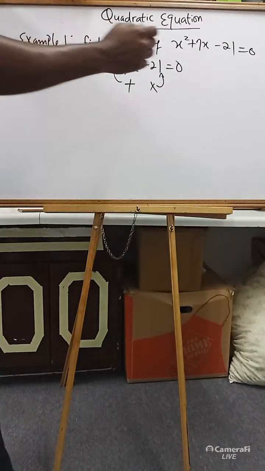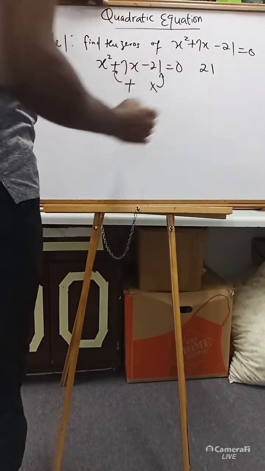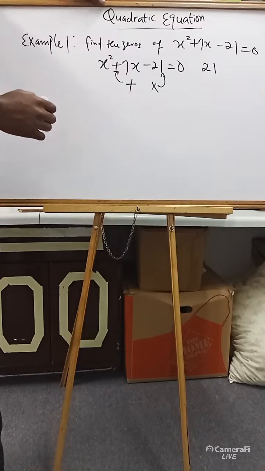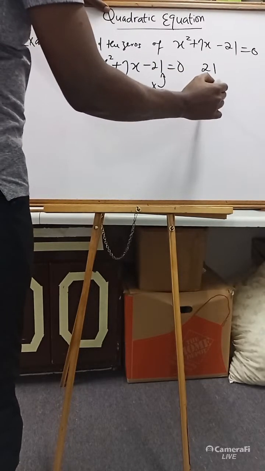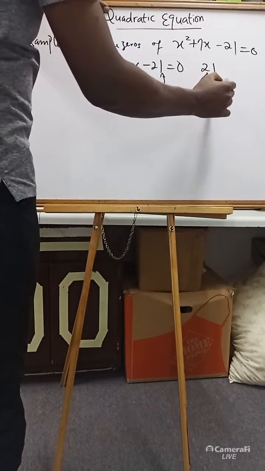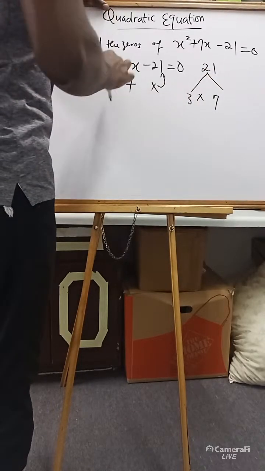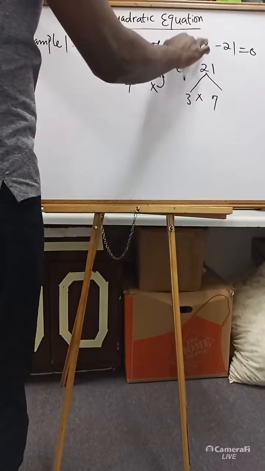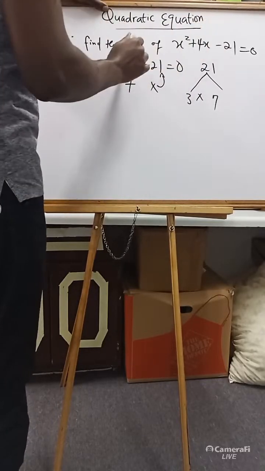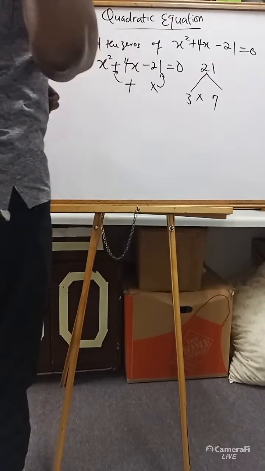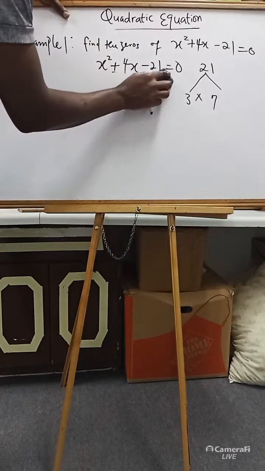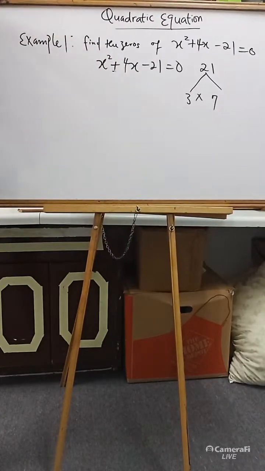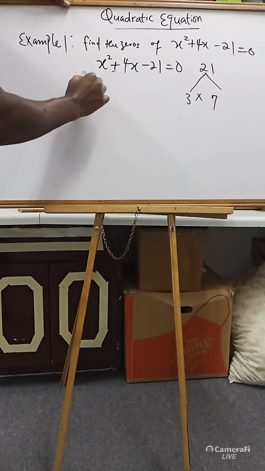Now, let's look at 21 as a number. What are the factors of 21? We multiply by 7. Oh, let me change this to 4 so that the question can make more sense. Good. So 3 multiplied by 7 gives 21. To use the factor form, we have x.